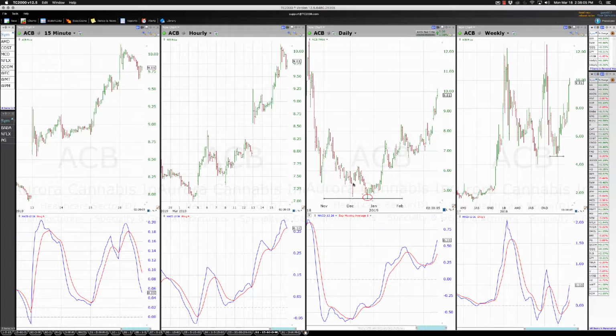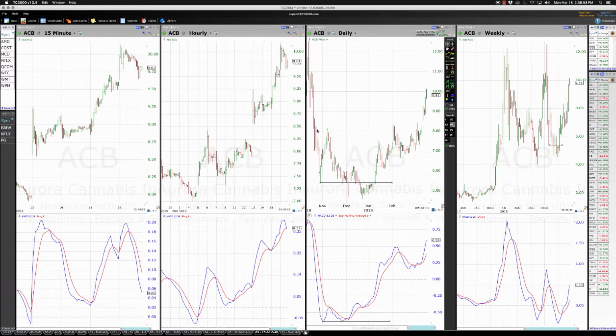Take a look at how the price bottomed right here on December the 24th. That was the lowest point, and that was met with an upside divergence technically. What you're going to see over here is a comparison of indicator bottoms with price bottoms. Here's the price bottoming over here, and here's the indicator bottoming over here.